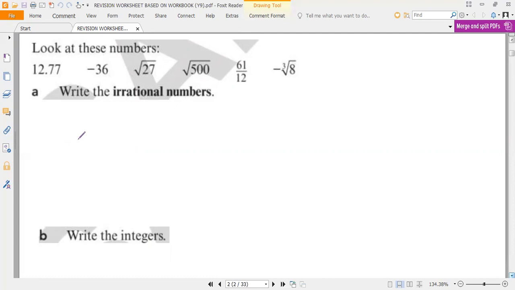It can be easily converted into a fraction, so it comes under the rational category. Negative 36. 36 is a whole number, so negative 36 is an integer.